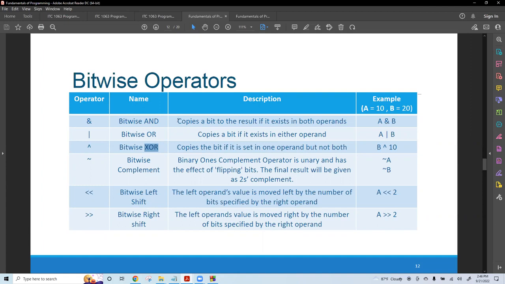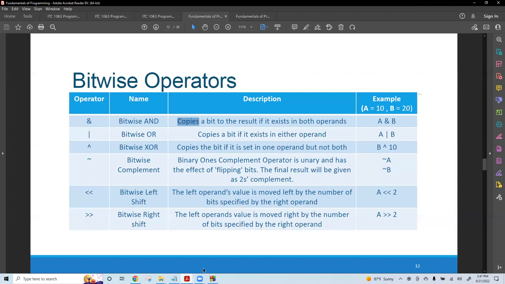So here there's one special verb, copies. Copies a bit to the result if it exists in both operands. So that means the idea here is copies a bit.